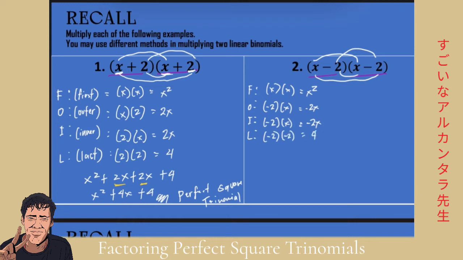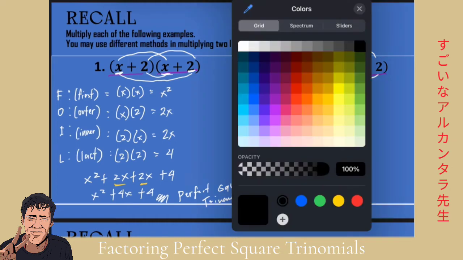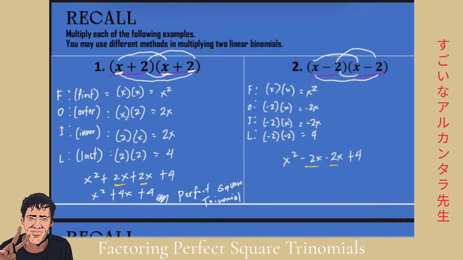That's what I've been talking about earlier. As you can see, the last term is positive, but the middle term will be negative. That's why it's important for us to also consider the negative factors of positive integers. So as you can see here, we can still combine negative 2x and negative 2x since they are like terms. So this will be x squared minus 4x plus 4. And this also is a PST or a perfect square trinomial.